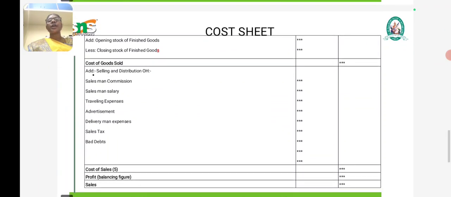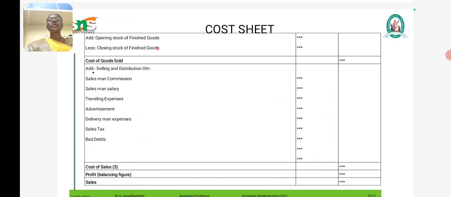After that, we add the opening stock of finished goods and less the closing stock of finished goods. So we find the cost of goods sold. Then after that we add selling and distribution overheads. Manufacturing companies definitely spend on selling and distribution overheads.